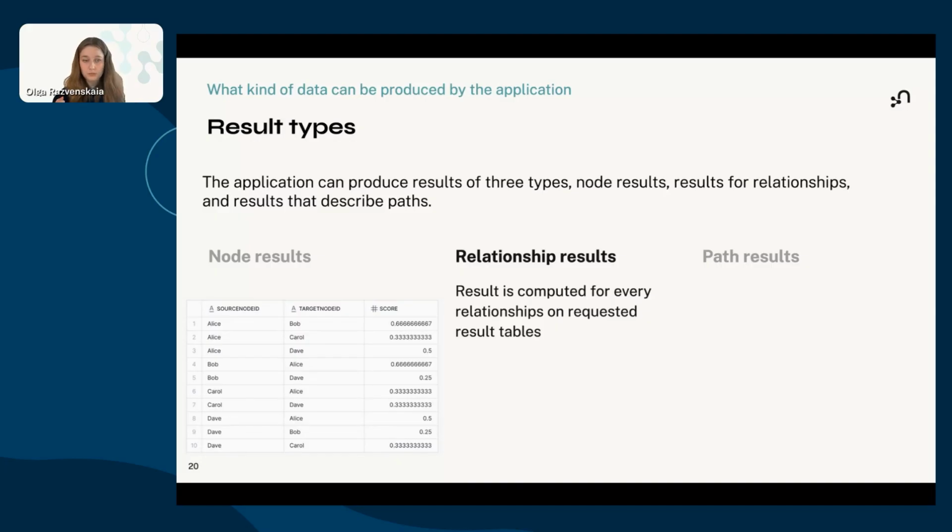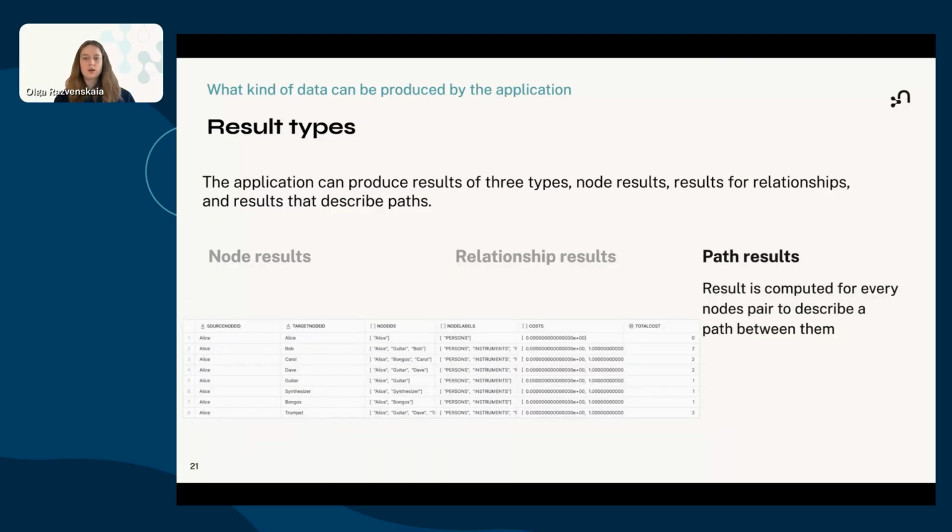Relationship results are computed for every relationship in the requested result table. So, for example, we can compute similarity scores, as you can see in this screenshot, for pairs of nodes. And we also provide path results.